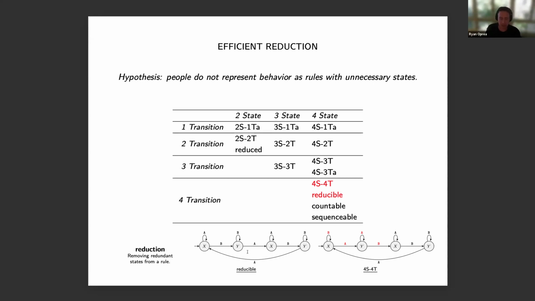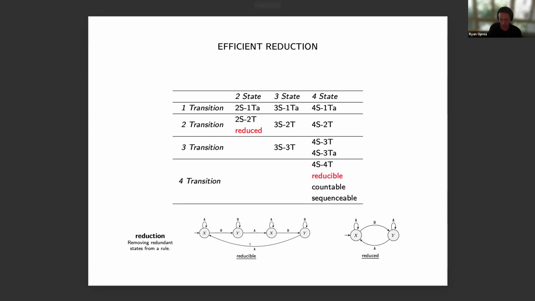But if the person thinks hard about this, they can realize the rule reducible is isomorphic to the rule reduced. That is, it contains states that aren't necessary in order to perform the same sets of actions over any sequence of events. So the subject could heuristically shrink the reducible rule into the rule reduced at no cost.